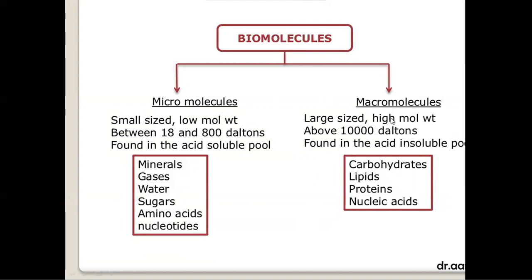Macromolecules are larger in size and have higher molecular weight, more than 10,000 Dalton units. Micromolecules are acid soluble, and macromolecules are acid insoluble. These are the examples of micro and macromolecules.